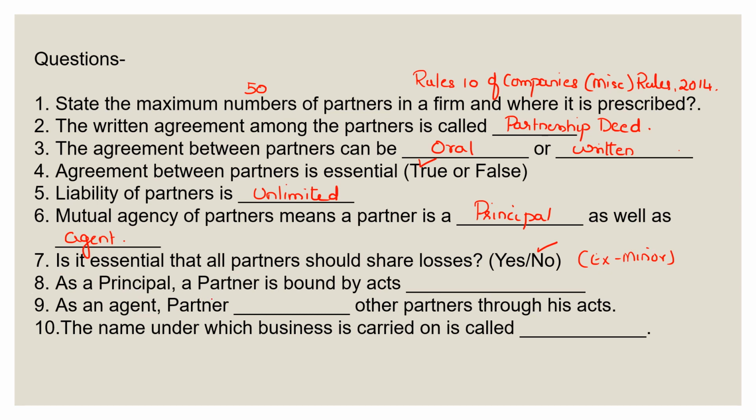As a principal, a partner is bound by the acts of other partners. As an agent, a partner binds other partners through his acts. Finally, the name under which business is carried on is called the firm name.